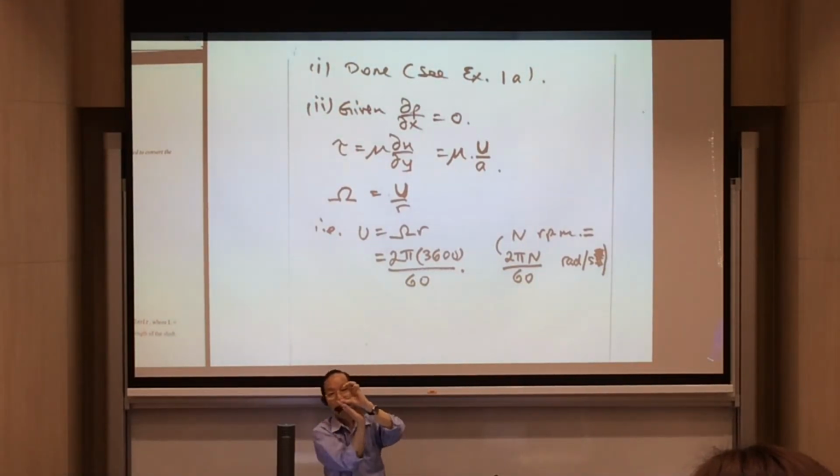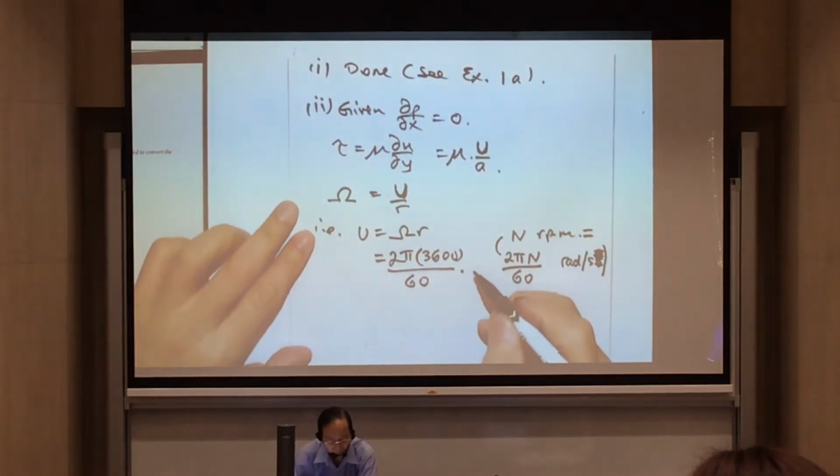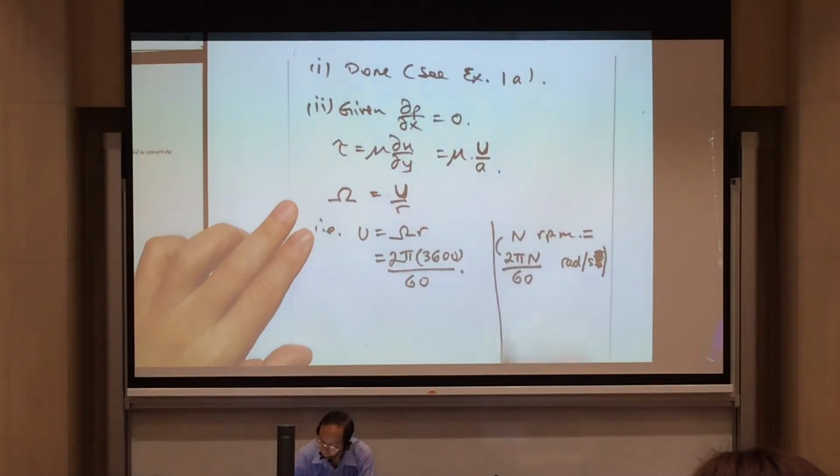At the peripheral of the shaft, that's the v, the shaft rotating. So that is the omega. Where's your v? v is actually your u.